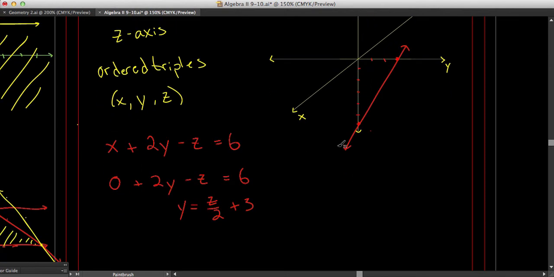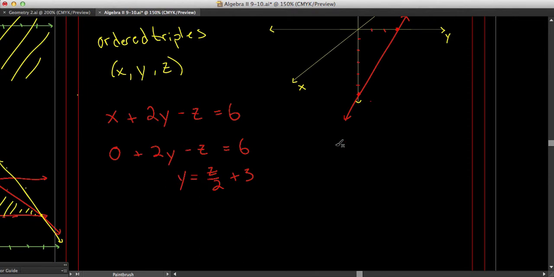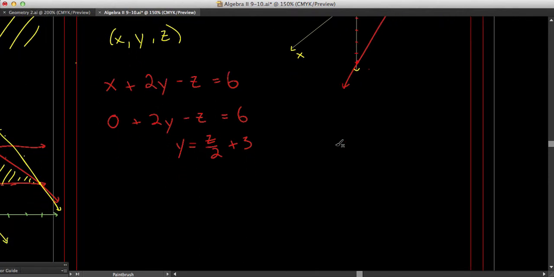So we've imagined x at 0. Let's do y now. So if I change colors, we have x plus 2 times 0 minus z equals 6. Okay, so this is leaving us with x minus z equals 6.